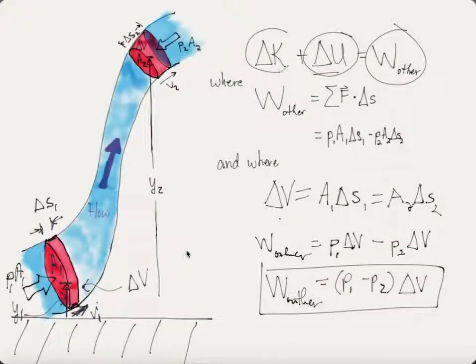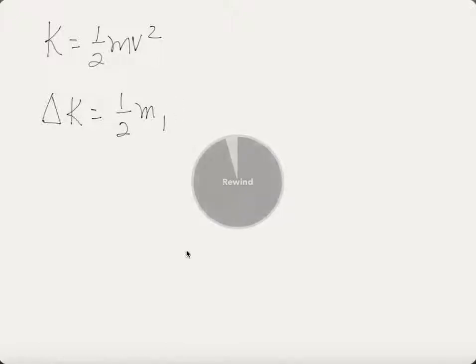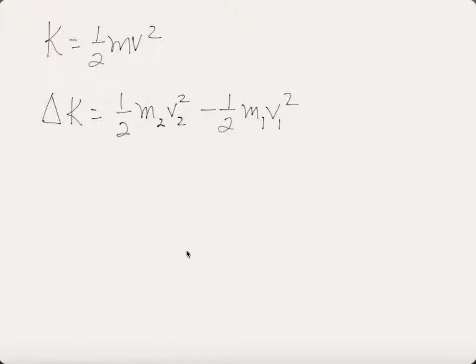So now we're going to treat the kinetic energy. And remember, kinetic energy is just equal to 1/2 mv squared. So if we look at delta K, this is going to be 1/2 times M2 times V2 squared minus 1/2 M1 V1 squared.